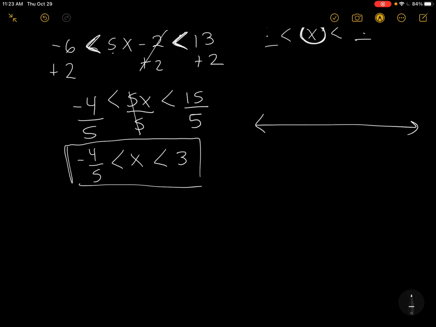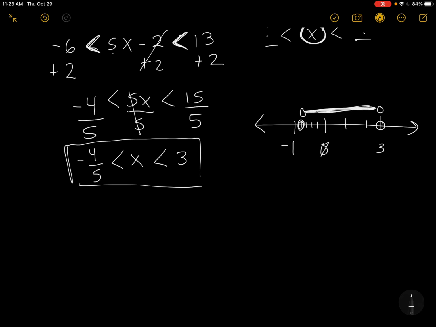So if you want to graph that, 1, 2, 3, open circle, right? Here's -1, -4/5 is right here, and it's an open circle. Might be easier to do it above. And then you shade in between, right?